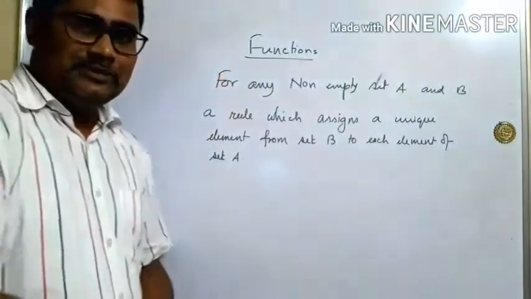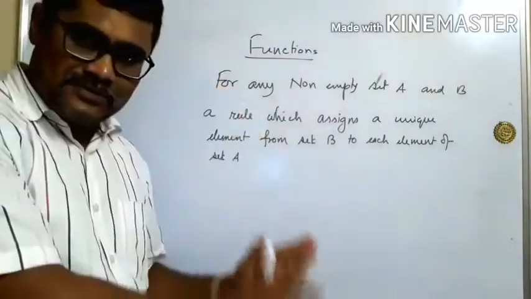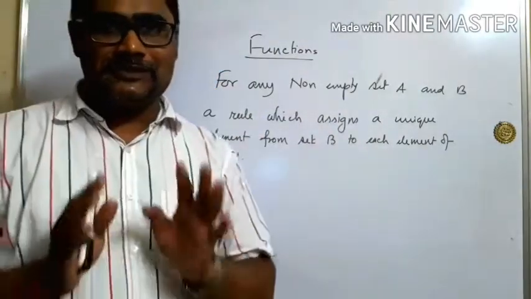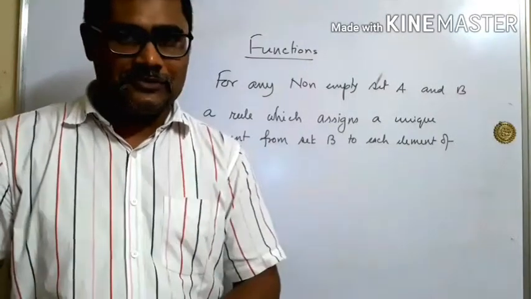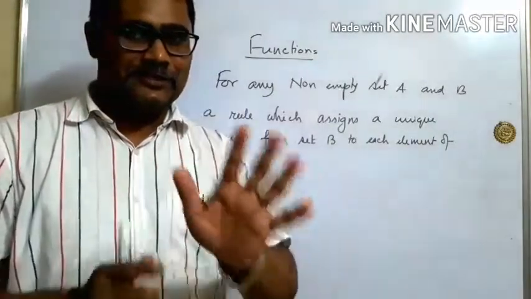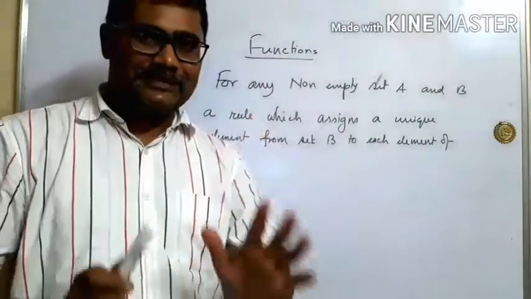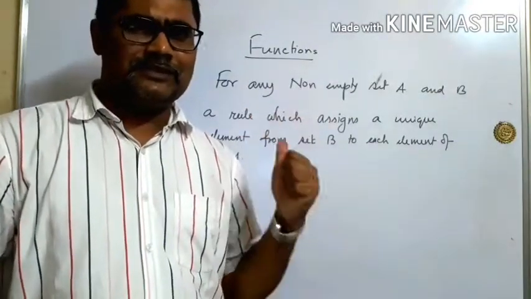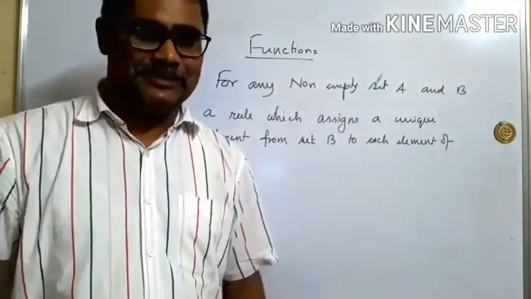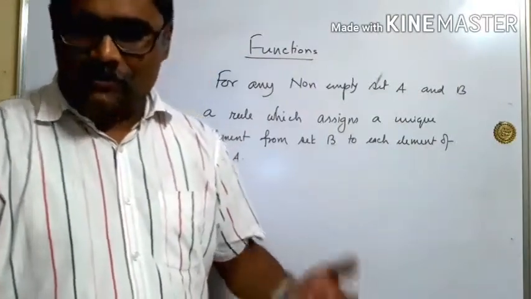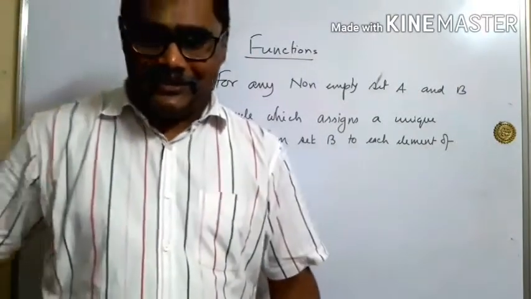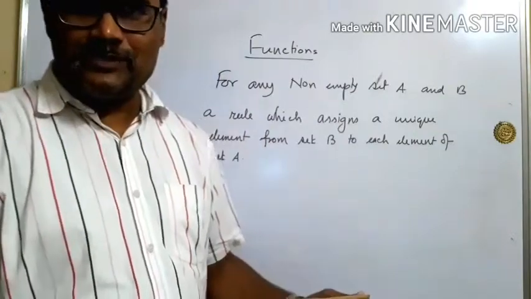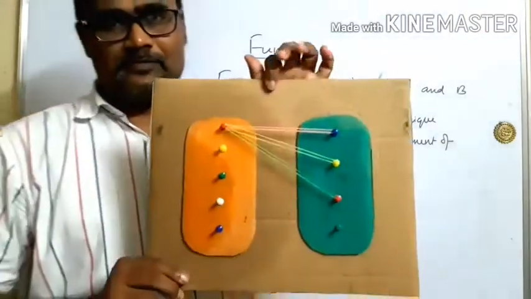So we'll be coming to the symbolization, just wait for it. First we'll see the schematic view, rather a visual aid, which will make things clear, and then we'll transcribe everything on the board. Then it will be easy for us to understand. So I'm bringing that same model which I used for explaining relations.